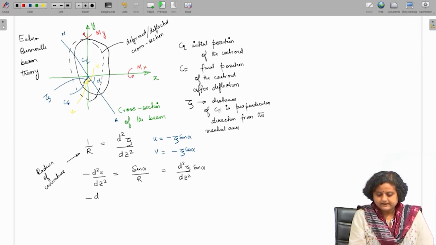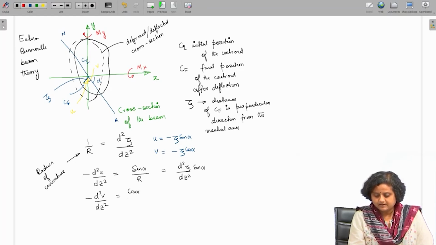Similarly, minus d2v by dz square can be written as cos alpha by r, which is basically d2z by dz square into cos alpha.